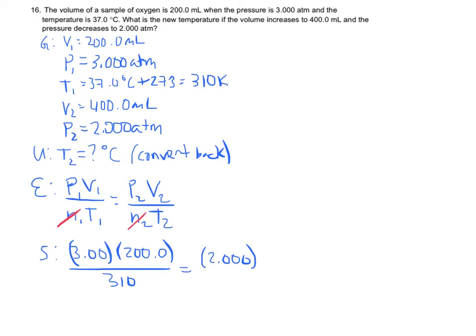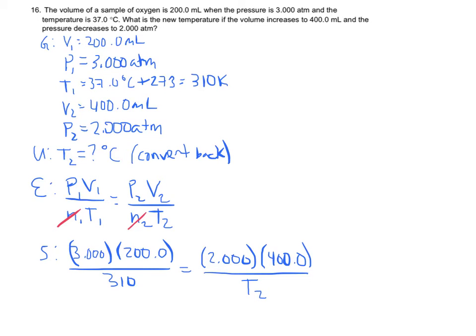And, I forgot a zero on our number over here. Sorry, that should be 3.000. All right, now I have it in there, right? All right, so 2.000, and that's multiplied by our final volume, which is 400 milliliters, and that's all over the final temperature, which we don't know.